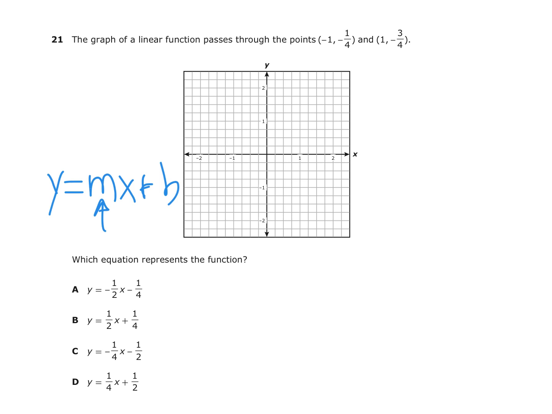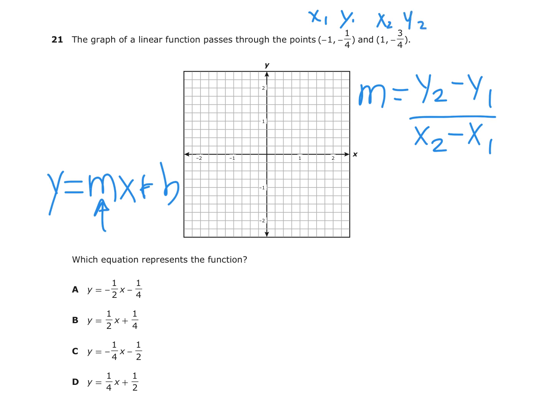How do you find the slope given 2 points? Well, m would be y2 minus y1 over the difference in the x's, x2 minus x1. Let's say the first point is x1, y1, and the second point is x2, y2.